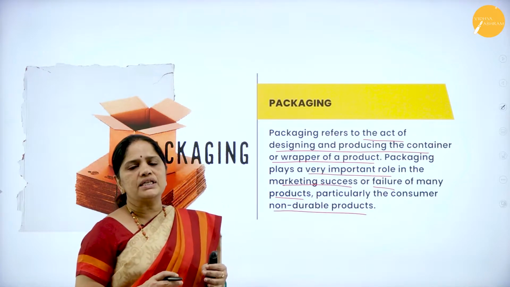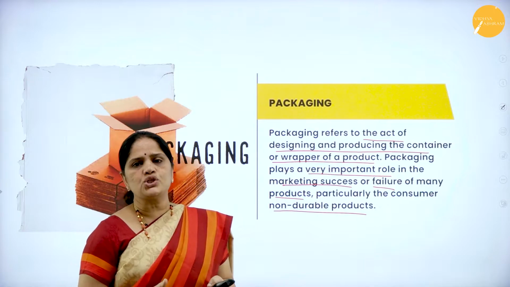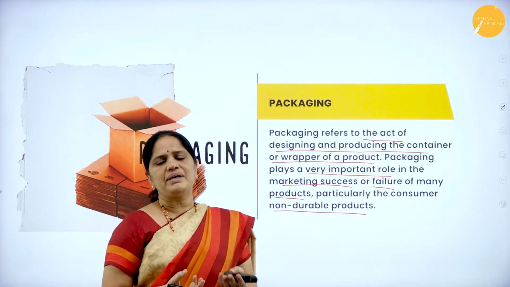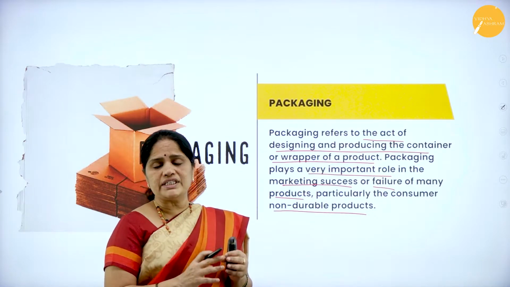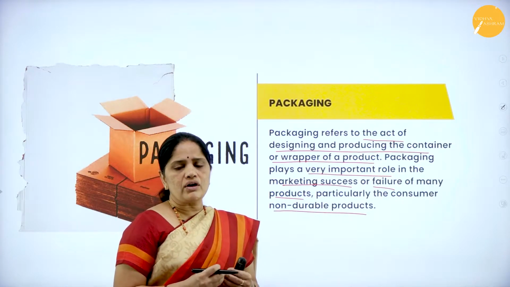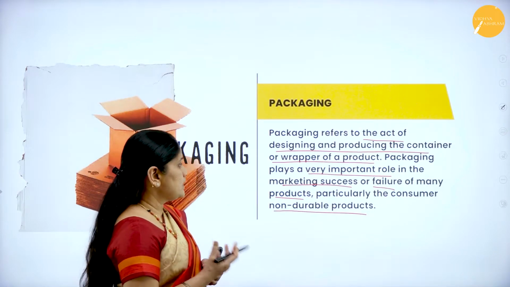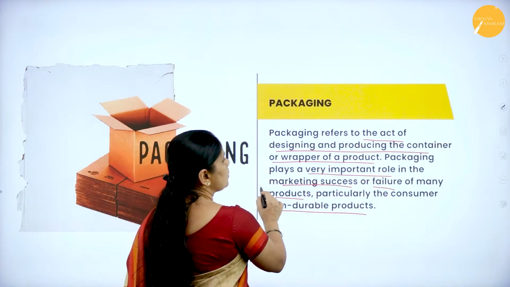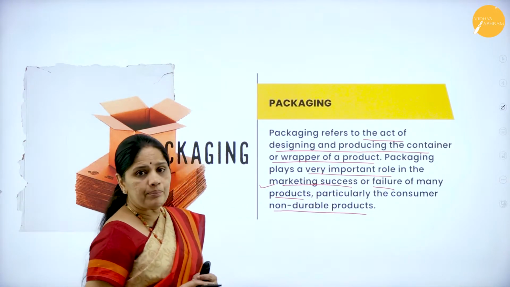Whenever we think of a package, if it is a toilet soap, it comes in a package. One paper cover will be there. Now, the design of the paper cover, the color which we are using, all this will have to be thought of very carefully whenever we are deciding about the packaging, because it plays a very important role in the marketing success or failure of many of the products.